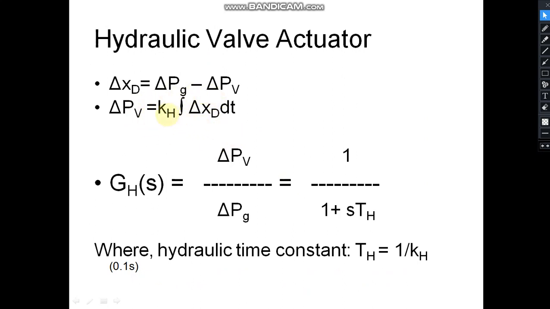If I find the Laplace transformation of this, and here also the Laplace transformation of this, and then substitute this delta xd from here to here, and then collect the coefficients of delta PV and delta PG, then the ratio between these two will come out to be this, where th is 1 upon kh. This is nothing but the transfer function of our hydraulic valve actuator.